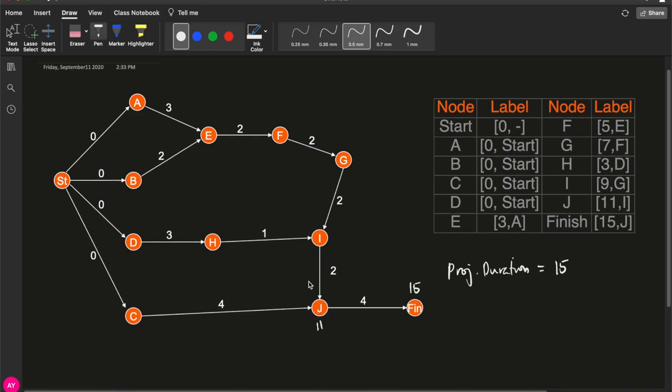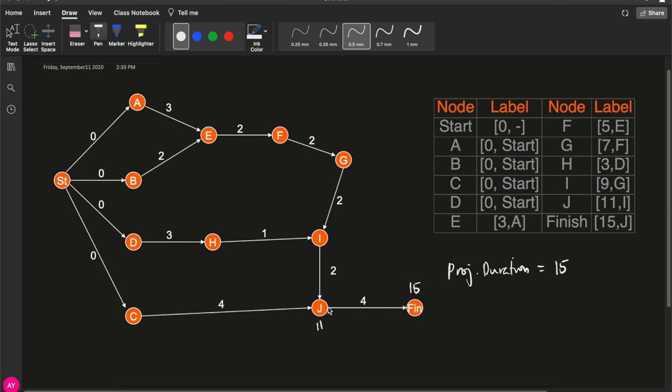In the same manner, if you look at the graph, the duration of the longest path from start to J, which is start, A, E, F, G, I, J, will take you 11 weeks.